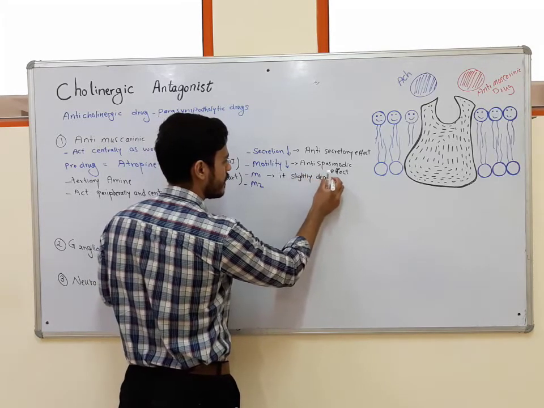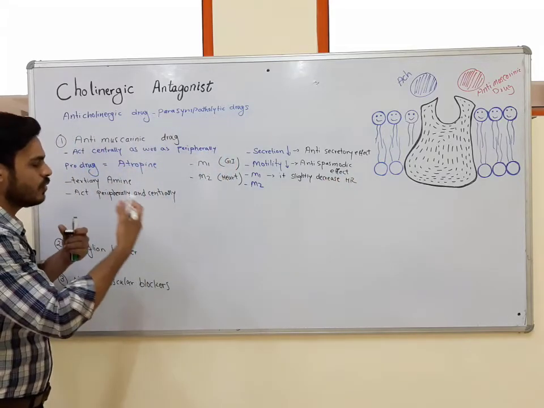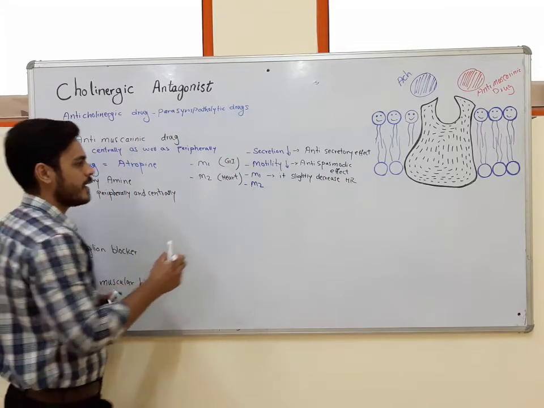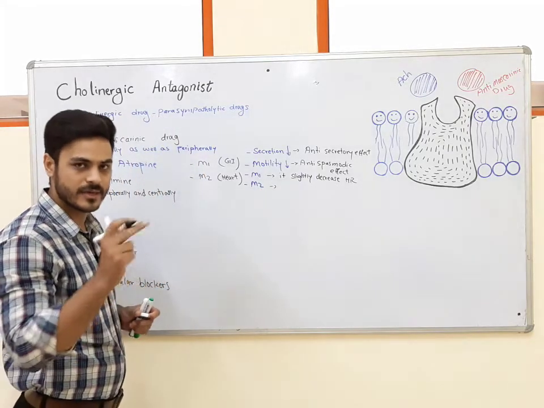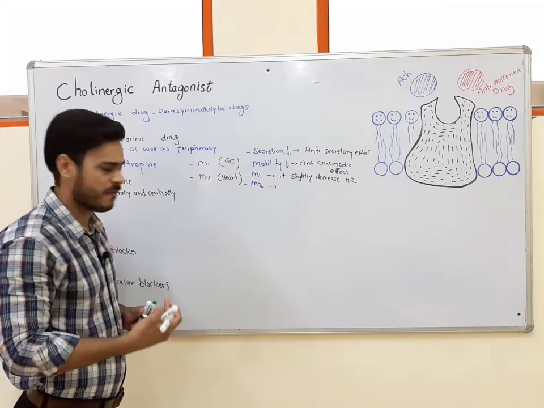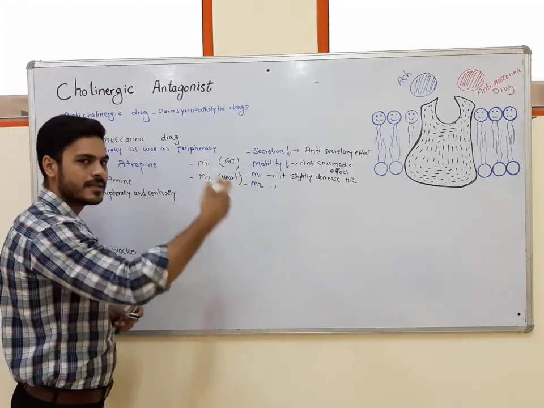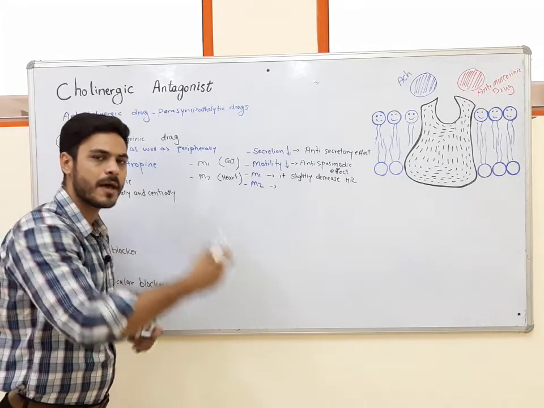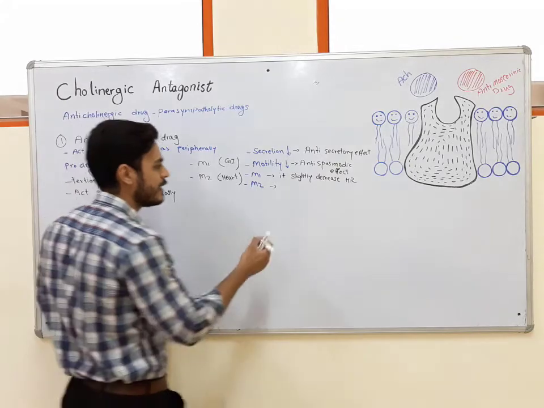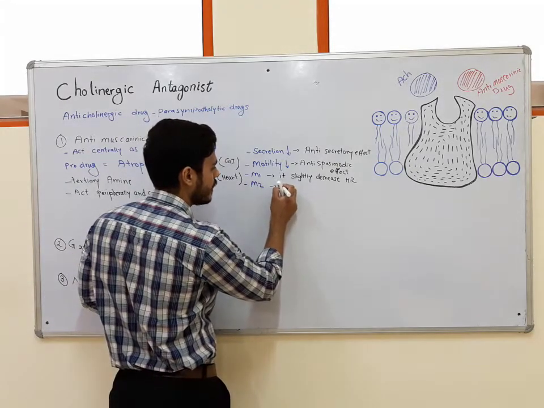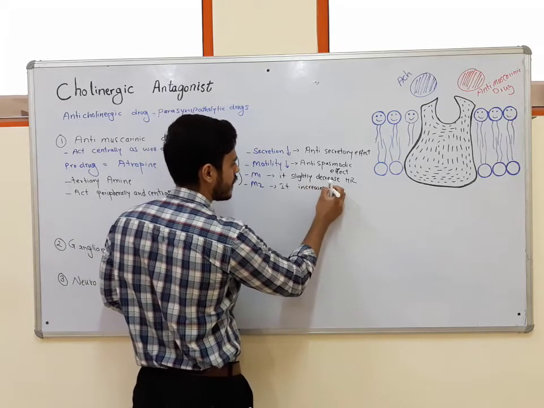But when it binds to the M2 receptor, you know that the M2 receptor is an inhibitory receptor. When atropine blocks the M2 receptor, the effect will be opposite. It can show an excitatory effect and it can increase the heart rate.